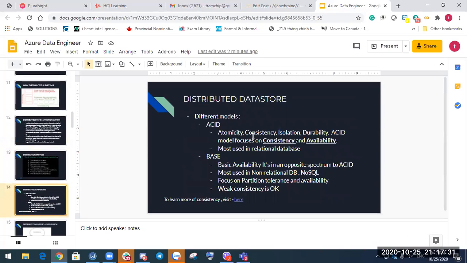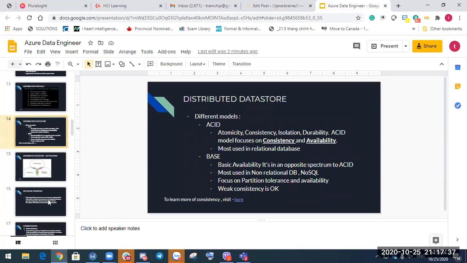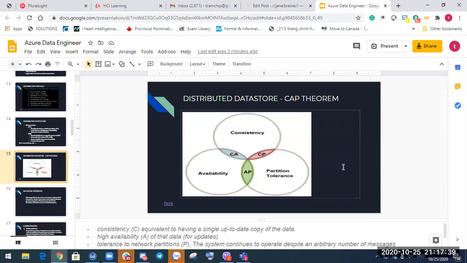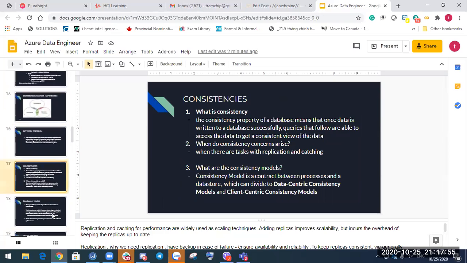We also talked about ACID and BASE, which are the core of relational and non-relational models, and the CAP theorem. Today, when I was discussing with Suli and showing her some of the documents on Azure, I realized that there was something I was missing, because there's a very influential paper.